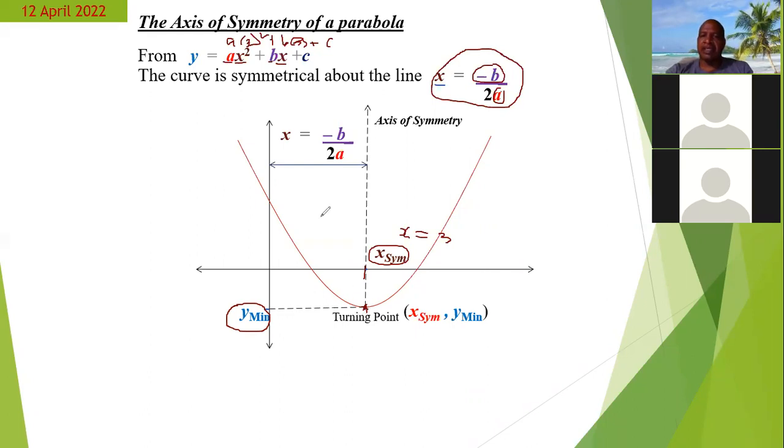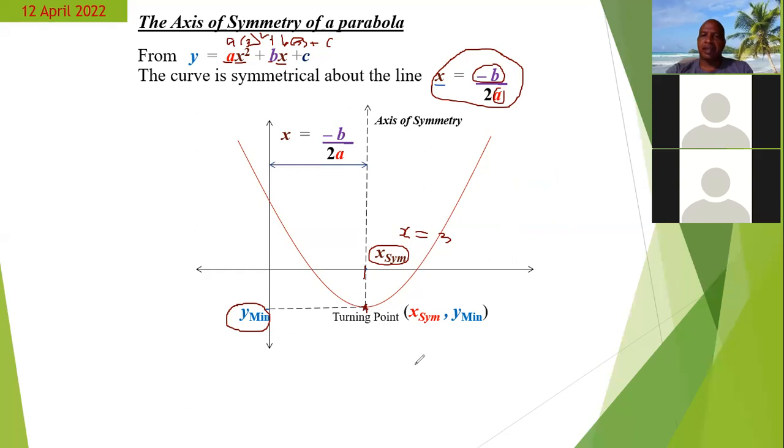If the turning point is above, in that case, we call it a maximum value. So it will be based on the particular curve that you plot. If you plot a curve where the number in front of the x squared is negative, you're going to get a curve looking like a mountain. And then now at the top of the mountain, you're going to measure the Y value. And that will be the maximum value for that curve. You get what I'm saying, Miss Dorothy?